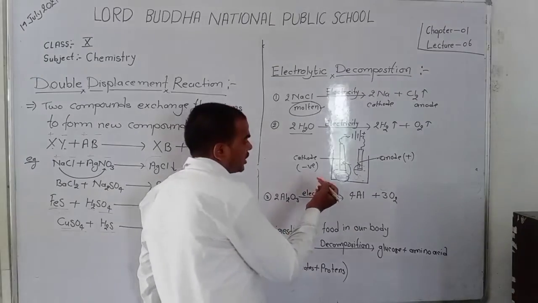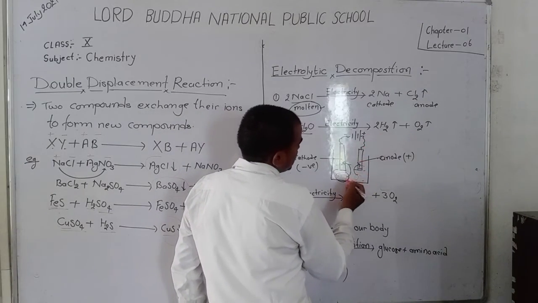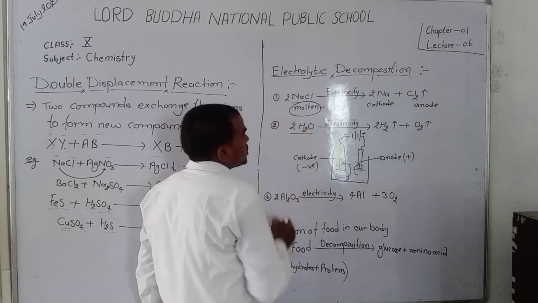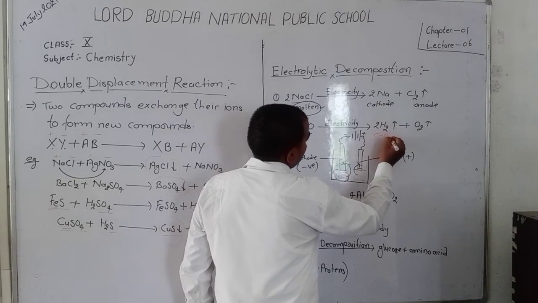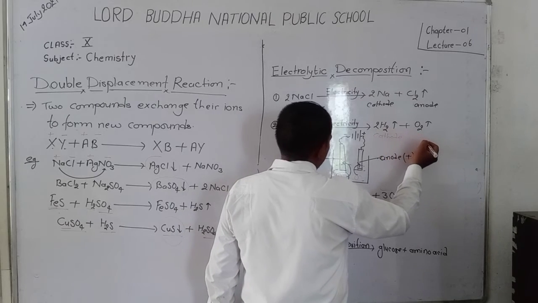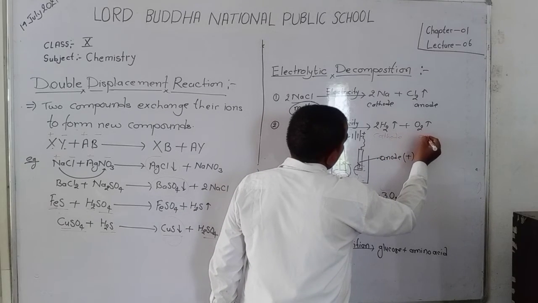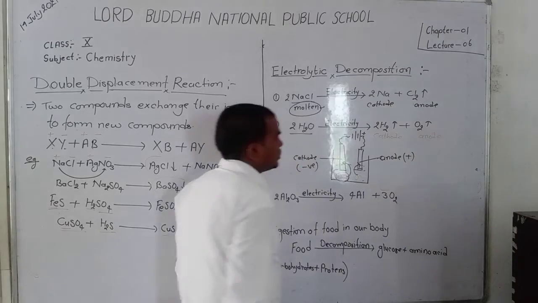Dear student, that means in this reaction, hydrogen gas is obtained at the cathode and oxygen gas is obtained at the anode. Okay?